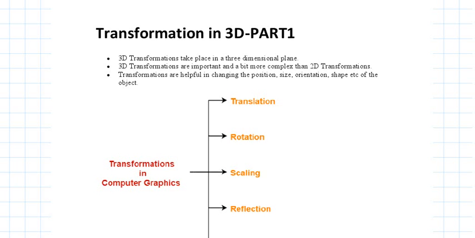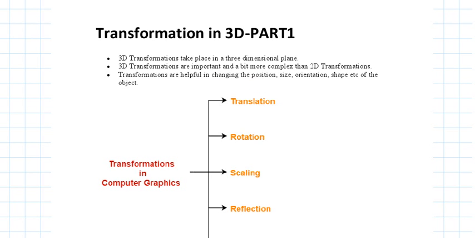However, as there is one extra coordinate involved, things are going to be a bit more complex than 2D transformations. Now, this is just a reiteration of previously known facts. Transformations are helpful in changing the position, size, orientation, shape, etc. of the object.